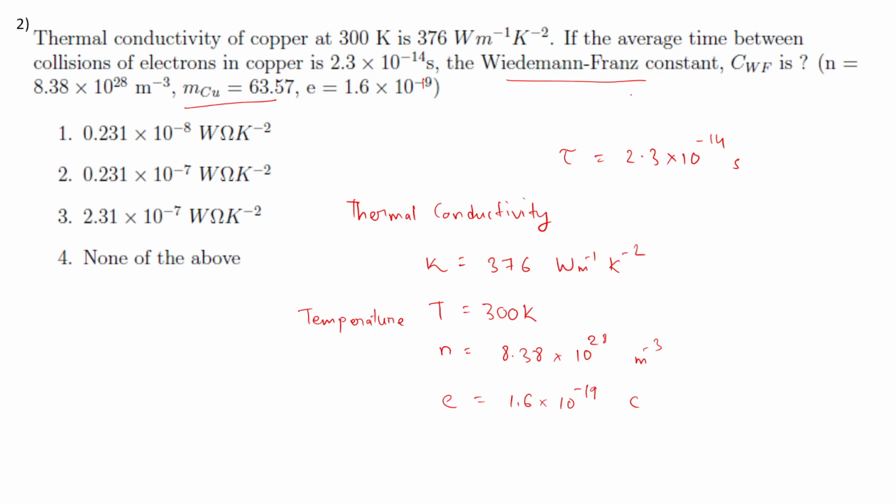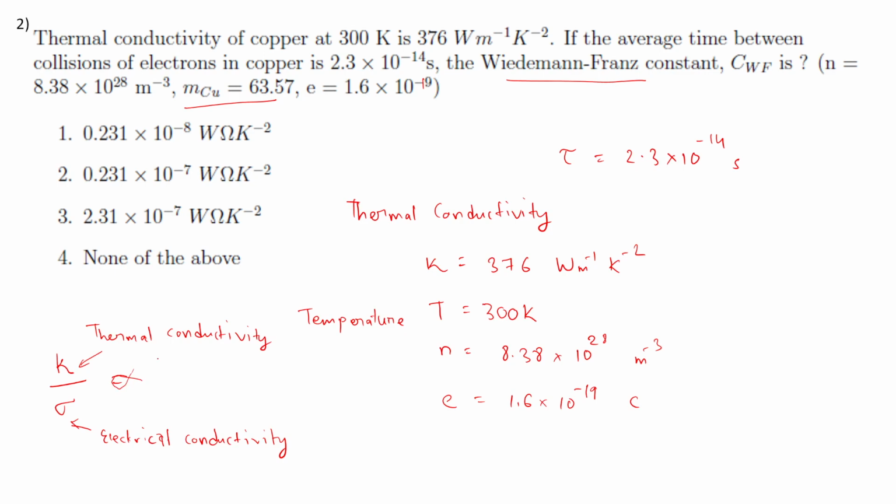So let us see what the Wiedemann-Franz law tells. If we have the thermal conductivity kappa, and sigma the electrical conductivity, then kappa over sigma is directly proportional to temperature.